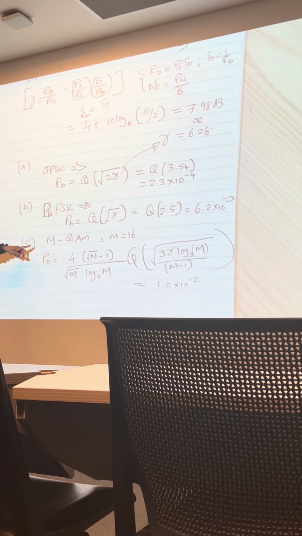And C, when you increase the modulation order, that means that for the same energy in the IQ space, you're packing in more and more symbols.